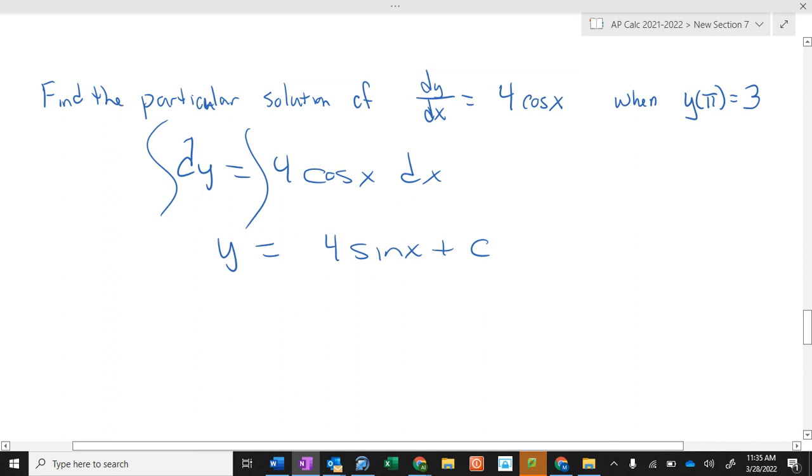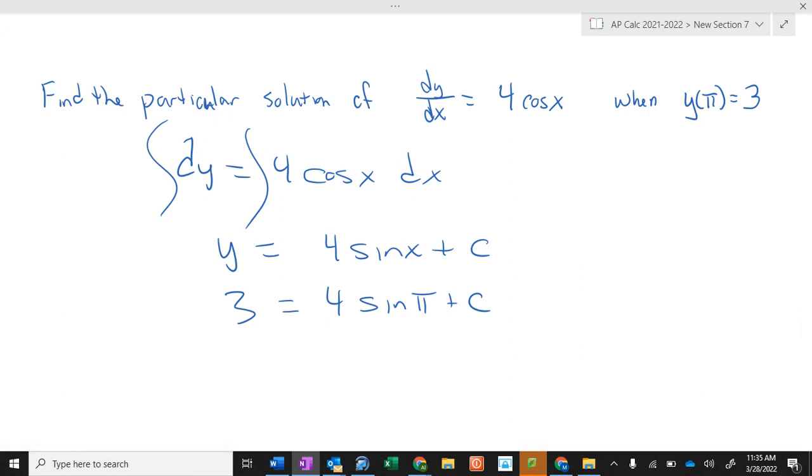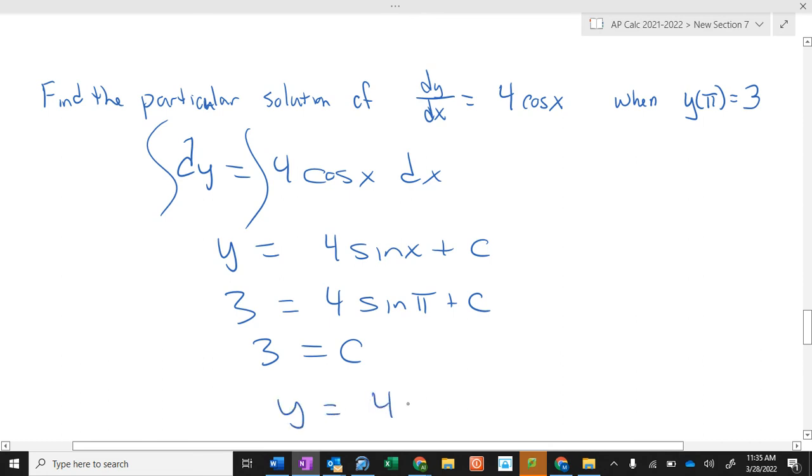Then what do we do? 3 equals 4 sine of pi plus c. What's the sine of pi? Oh, 0. So 3 equals c. So y equals 4 sine of x plus 3.